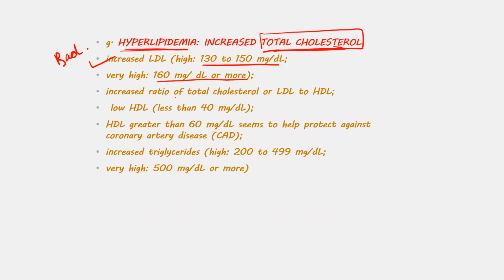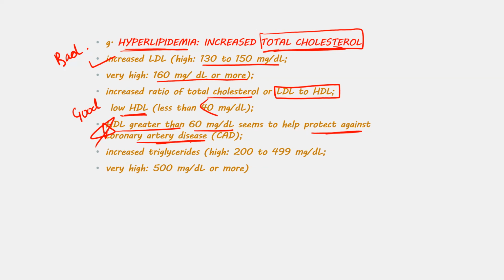There will be an increased ratio of total cholesterol, that is, the LDL to HDL ratio will be increased. Low HDL, so good cholesterol will be low in the patient, that is less than 40 mg per deciliter. HDL greater than 60 mg per deciliter is a good fat, and it helps to protect against coronary artery disease.